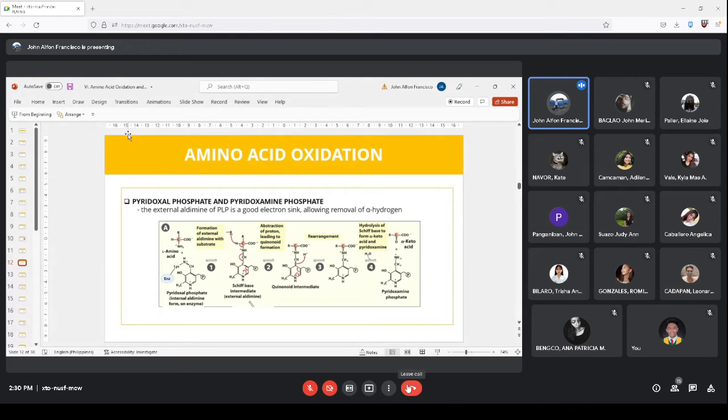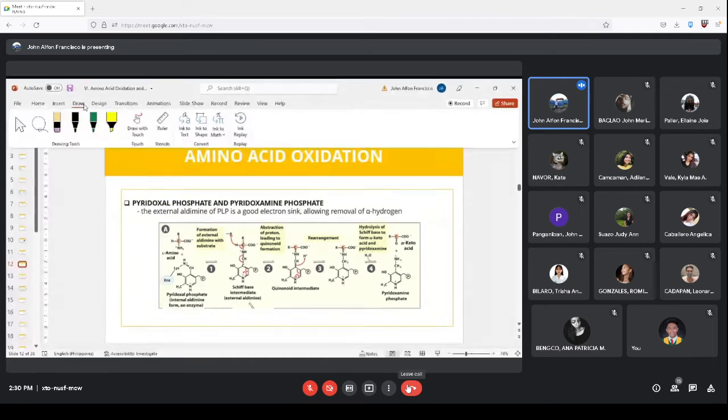So this is just a view on formation of your keto acid using the pyridoxamine phosphate in the transamination phase. Okay. And so the formation of pyridoxamine phosphate containing na yung nitrogen.